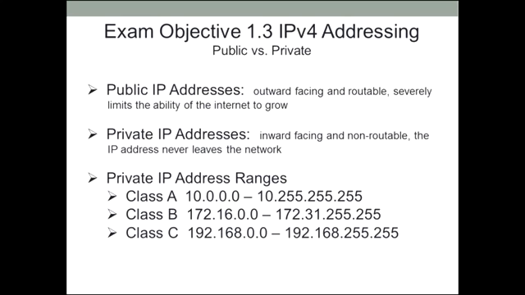One of the things that CompTIA likes to do is kind of a trick question. What they'll do is they'll ask you to identify the valid private IP, the correct private IP addresses.